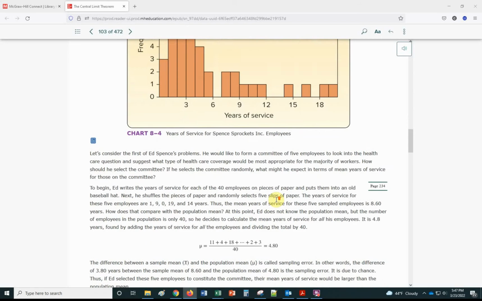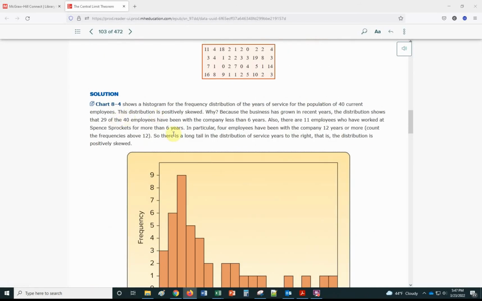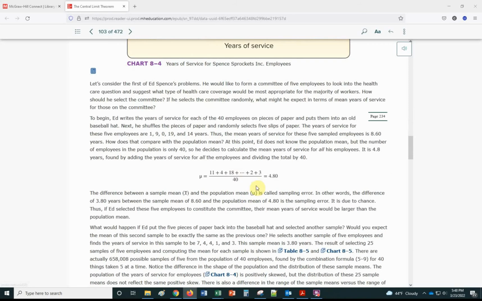So if we get the mean of the population, we have 40 employees that have been here a particular length of time, and we add all those up and divide by 40, we get 4.8. So this mu here is the average of the population, 4.8.